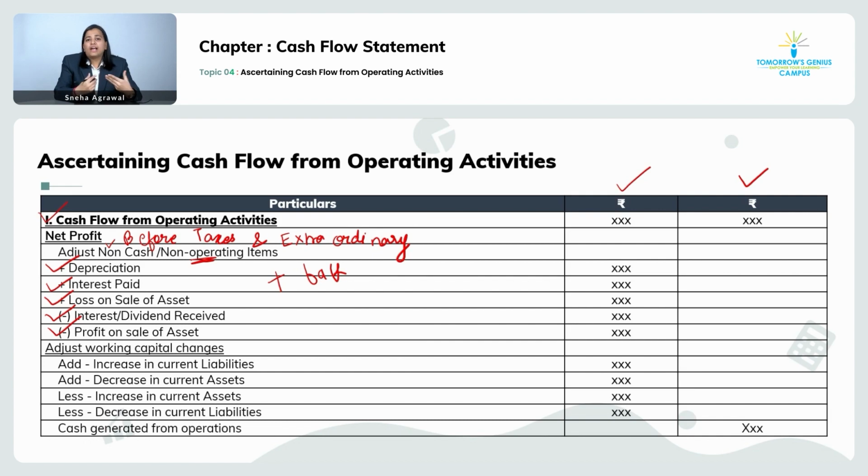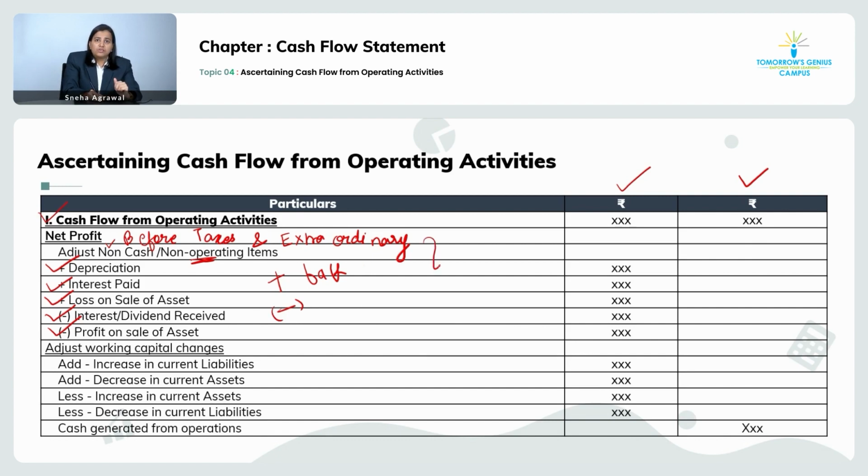So I will add it back. Reverse is the case for income. Interest received and dividend received are the things I have credited to my profit and loss account, meaning added to the net profit. So I will deduct them, since they are not part of my operating activity.